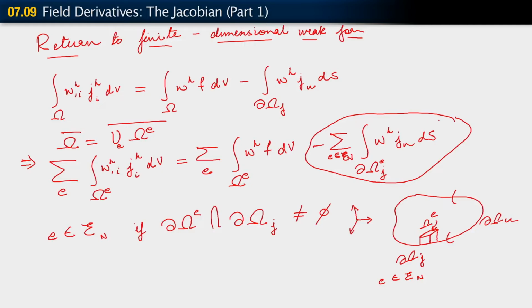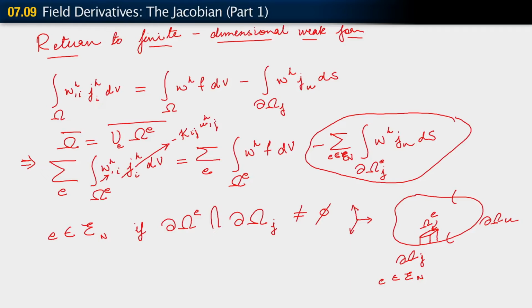Let's then stare at this finite dimensional weak form and note that we do need to compute some gradients, as we've had to for the one-dimensional problem. We need to compute gradients there as well as for this term, because we remember that j^h i is just minus kappa i j u^h comma j.